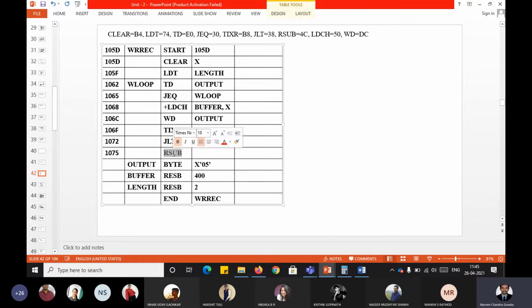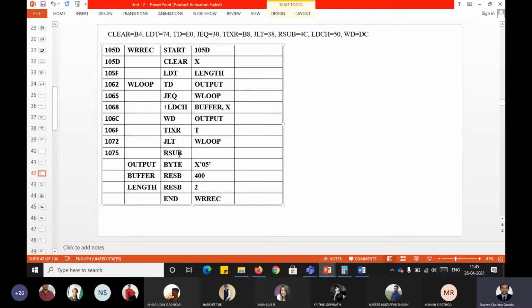So whenever you execute this RSUB, for us, by looking, it is only the opcode and doesn't require an address. But actually, if this RSUB has to be executed, it also requires the address. But what address? The address of the linkage register. I repeat, you should also have the address of the linkage register, then only this RSUB, return from the subroutine, can be executed.